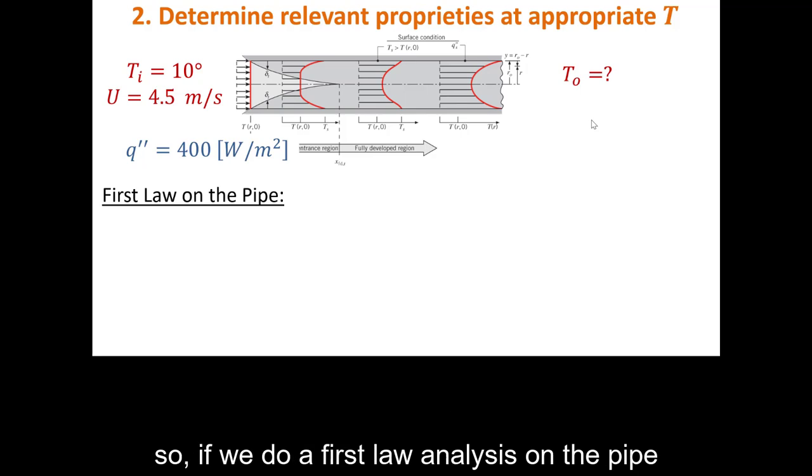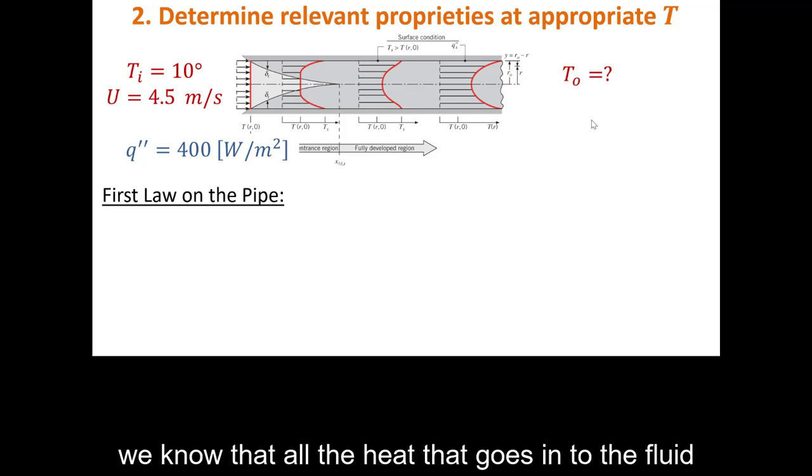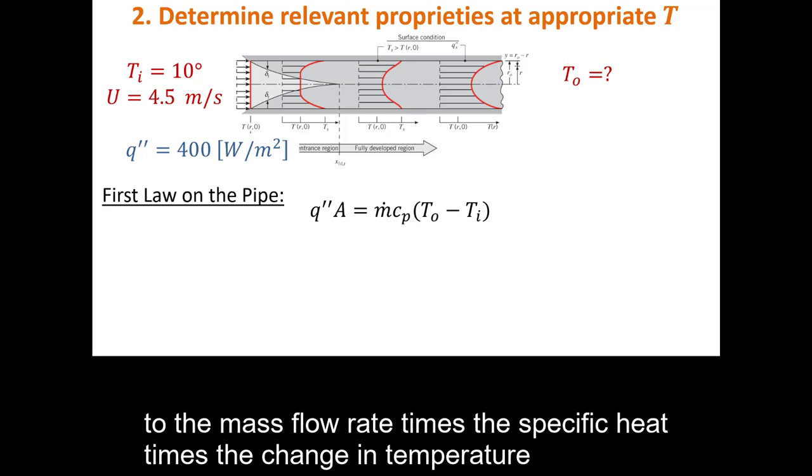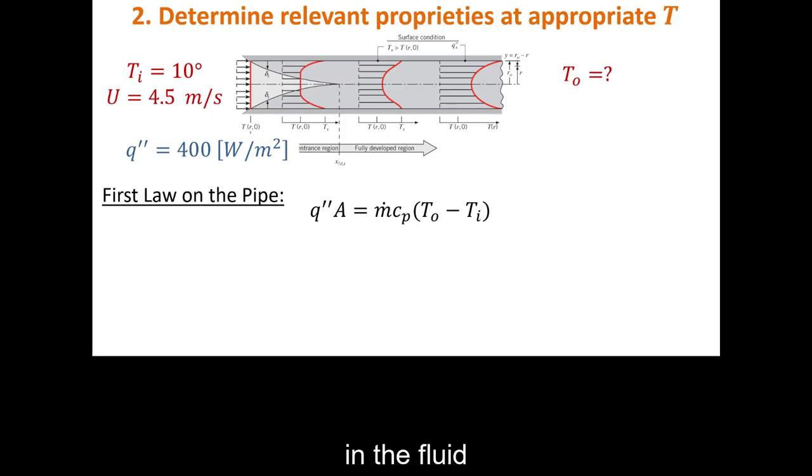So if we do a first law analysis on the pipe, we know that all the heat that goes into the fluid is coming from that heat flux on the edge of the pipe. We know that that is equal to the mass flow rate times the specific heat times the change in temperature in the fluid.